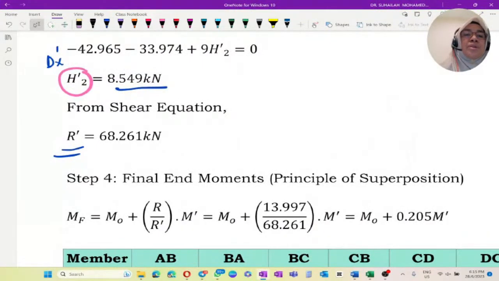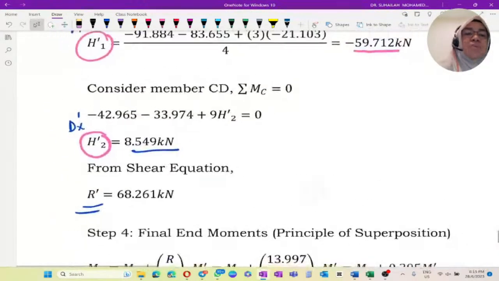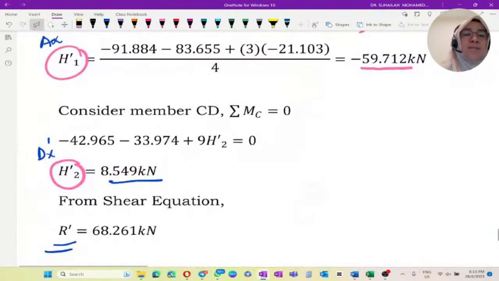This is actually what we should do under step 3C, where we have to calculate the R prime value. The analysis for R prime under step 3C is similar to step 2C. Step 2C is to calculate the R value.